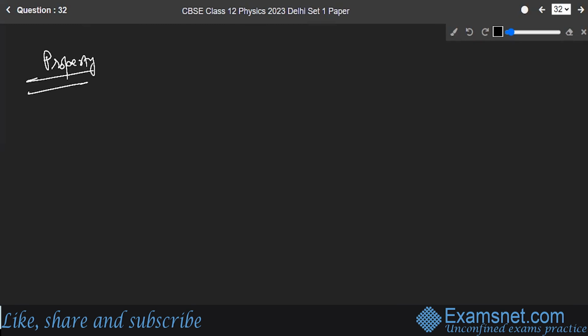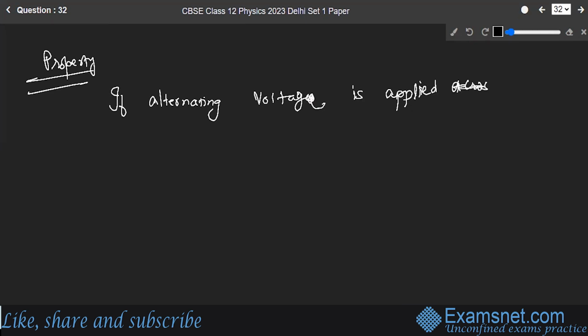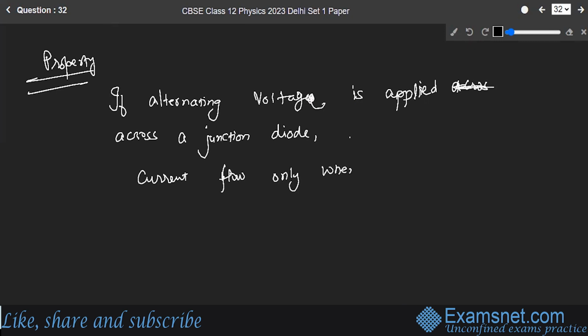If alternating voltage is applied across a junction diode, then the current will flow only when the diode is forward biased.